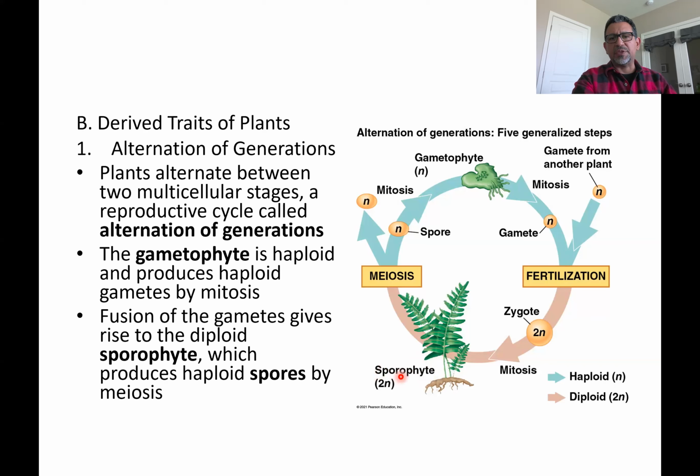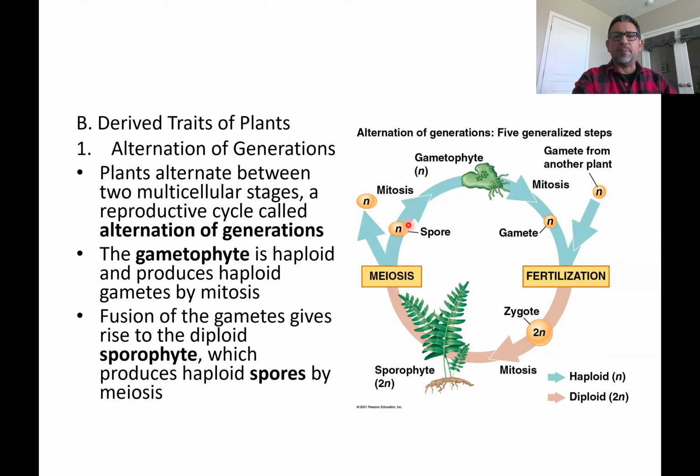And what we're going to see here is that these spores are going to be made by the process of meiosis. Meiosis is a type of division that cuts the number of chromosomes in half. Since the cells of the sporophyte are diploid because they develop from a diploid zygote, in order to make haploid spores, meiosis is going to be needed.